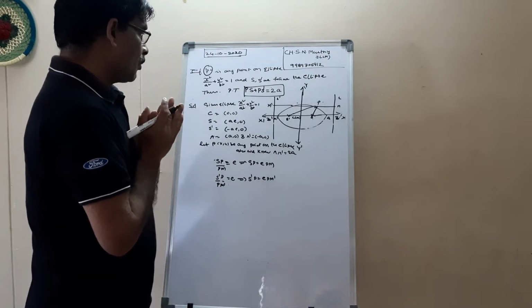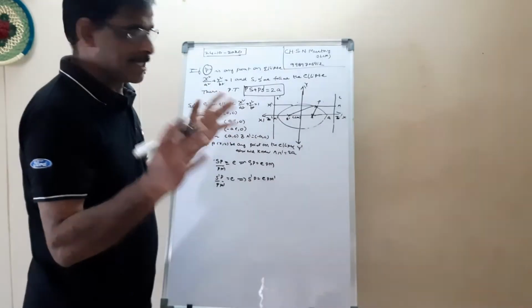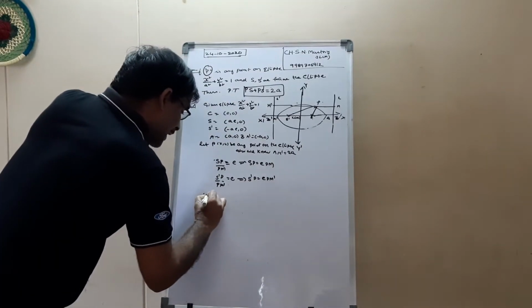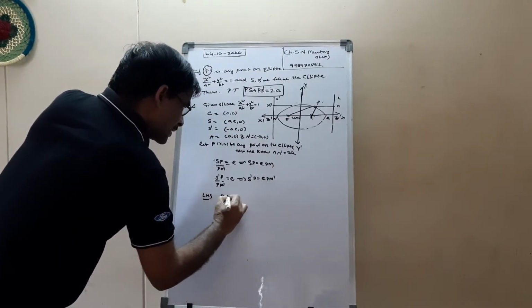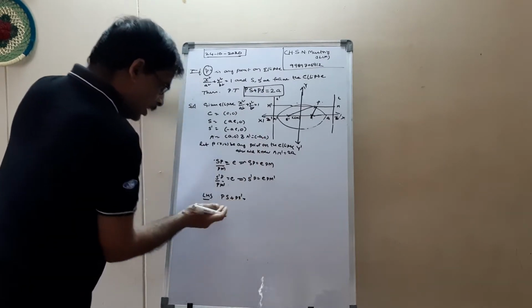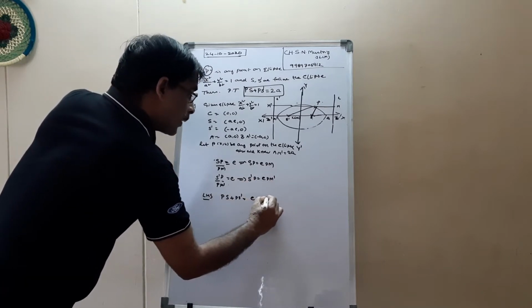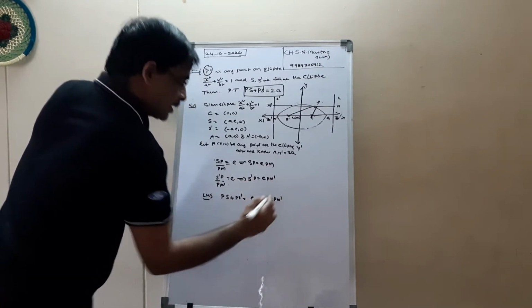Now we want the summation PS plus PS dash. It means you take LHS PS plus PS dash, or SP plus S dash P, equal to e PM plus e PM dash.